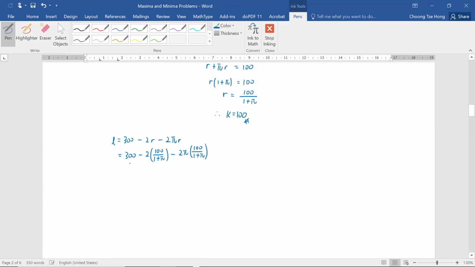So you get 300 minus 200 over 1 plus pi, minus 200 pi over 1 plus pi. You can see that the second and the third term have the same denominator, so we can combine them together.